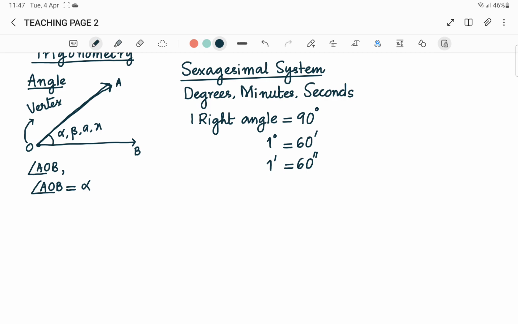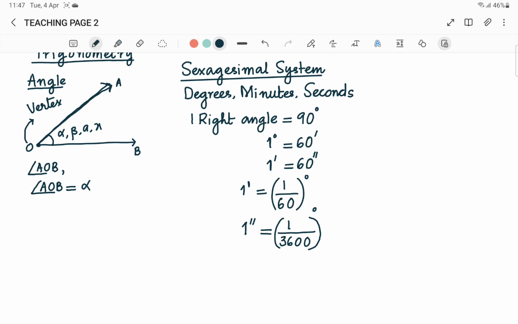So from this I can write 1 minute is equal to 1 by 60 degrees. In a similar way, 1 second is equal to 1 by 3600 degrees.